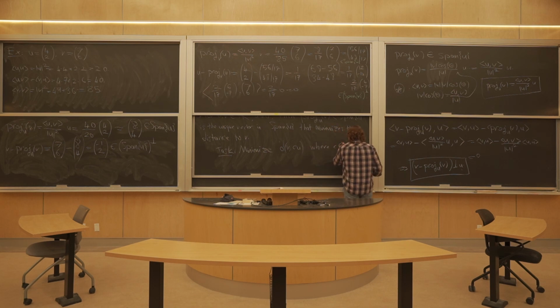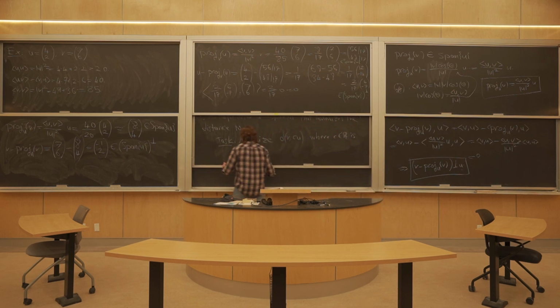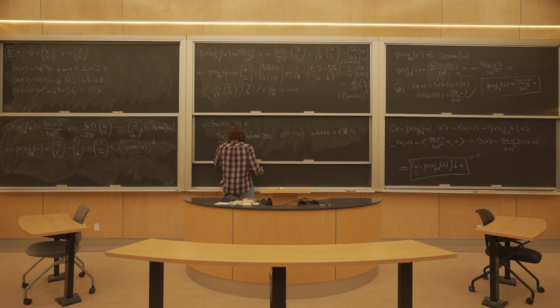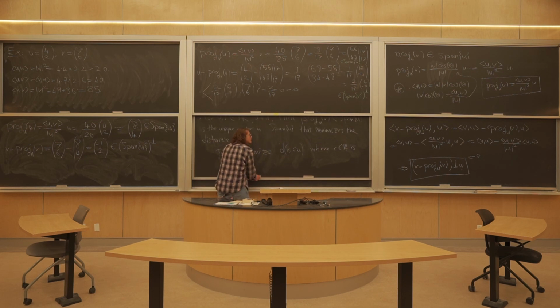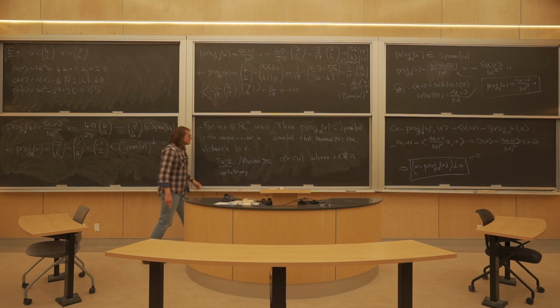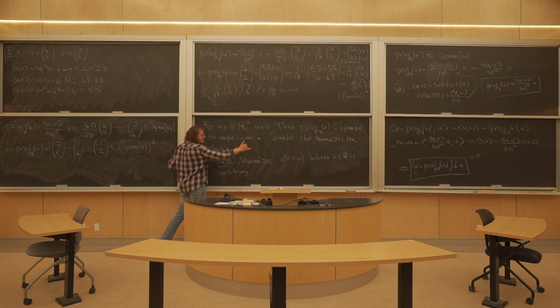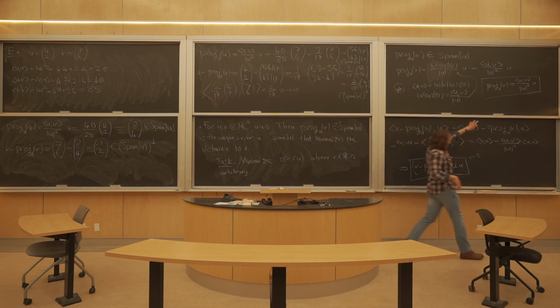Where C is arbitrary. What I wrote here really says is that this minimization task has a solution, C equals this number that we came up with over there, that constant.